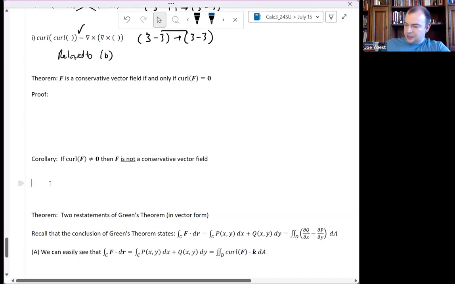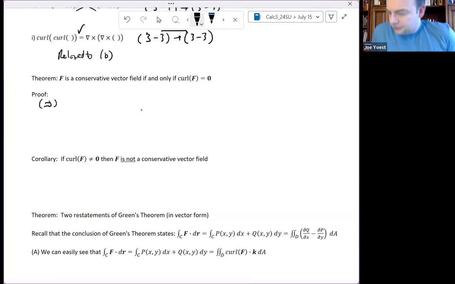Okay. So next up, a theorem. F is a conservative vector field if and only if the curl of F is 0 everywhere. So for a proof, let's prove this direction first, that if F is a conservative vector field, then curl F is 0.